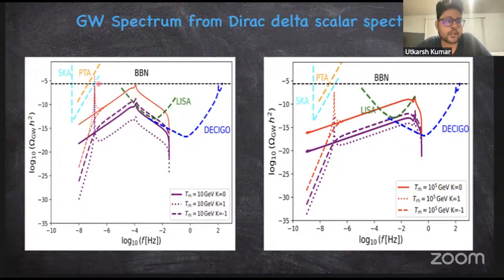Another important fact due to the inclusion of the spatial geometry is the appearance of this peak that we see here, which was absent in the k equals 0 case.